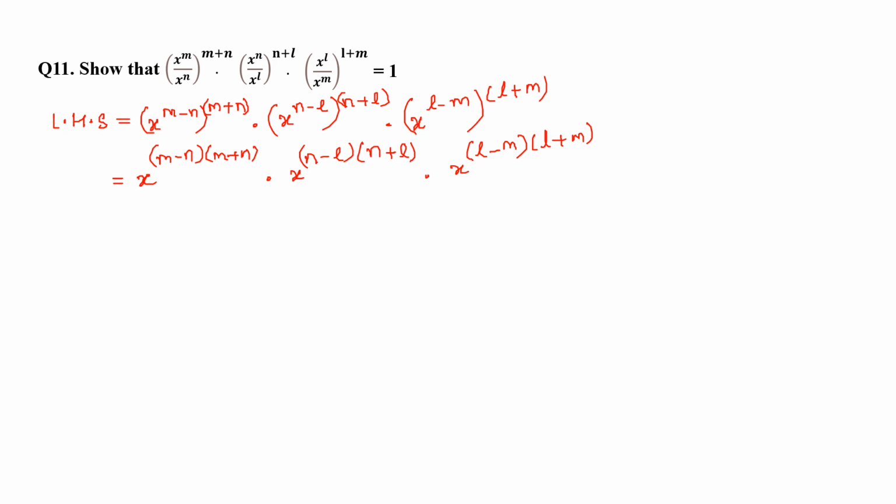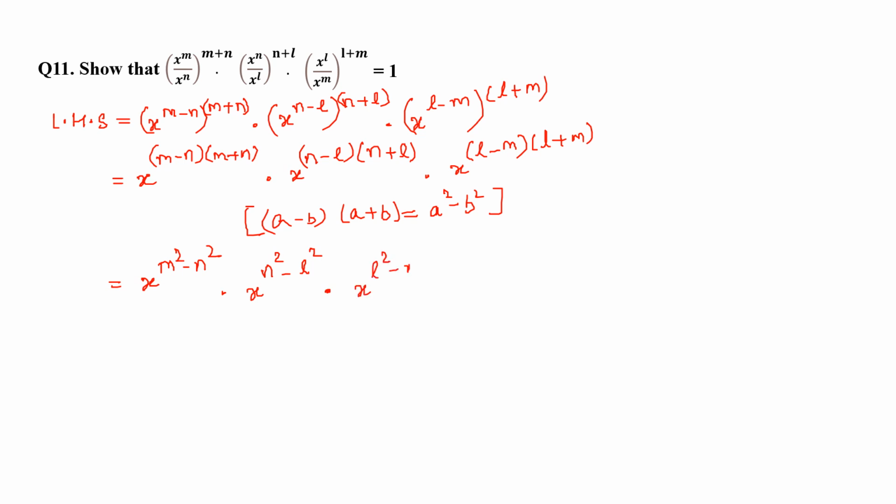And if you remember the algebraic identities, where a minus b into a plus b, you write this as a square minus b square, right? So I'm going to use this identity over here. So it will become x to the power m square minus n square, into x to the power n square minus l square, into, this dot means it is multiplication, x to the power l square minus m square.